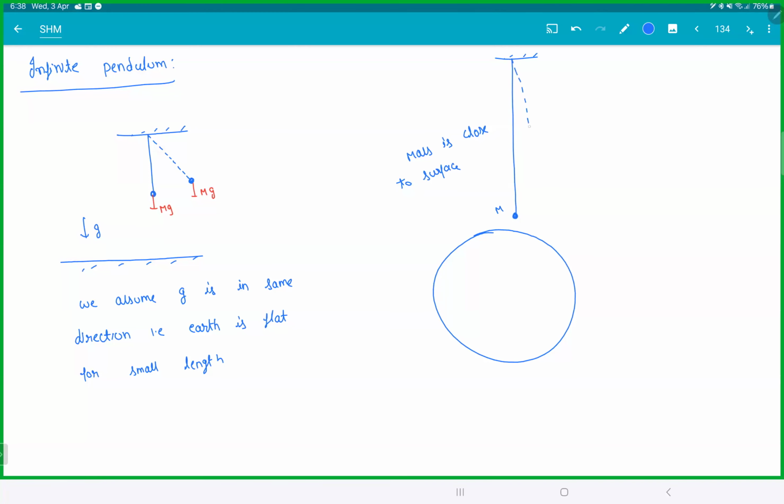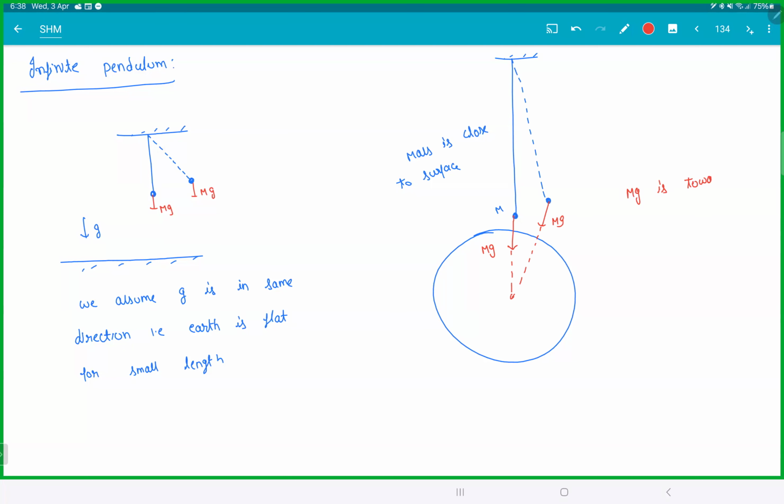Now, when you displace this by theta, this is the problem. The mg is toward the center of the Earth. Getting the catch? So mg's direction is not in the same direction anymore. Mg got twisted.